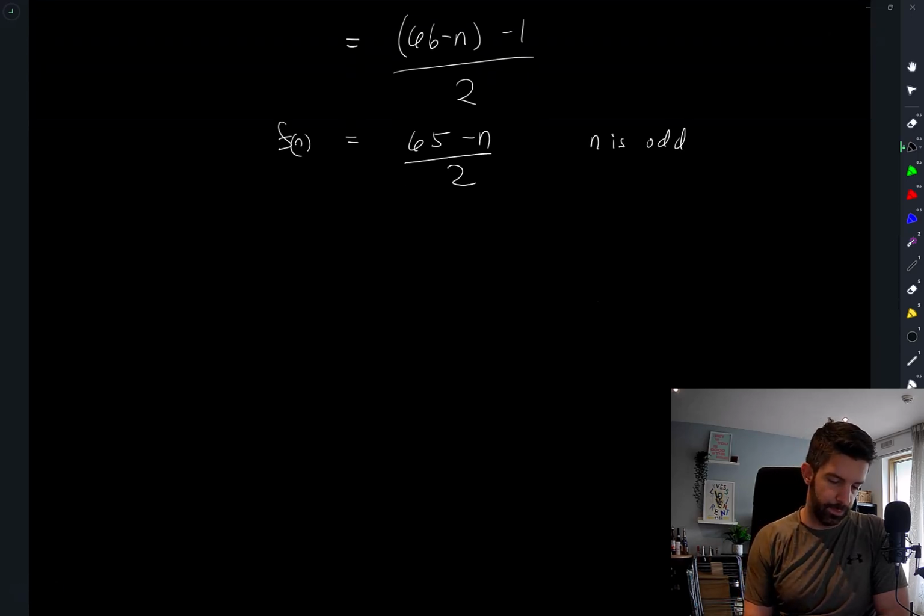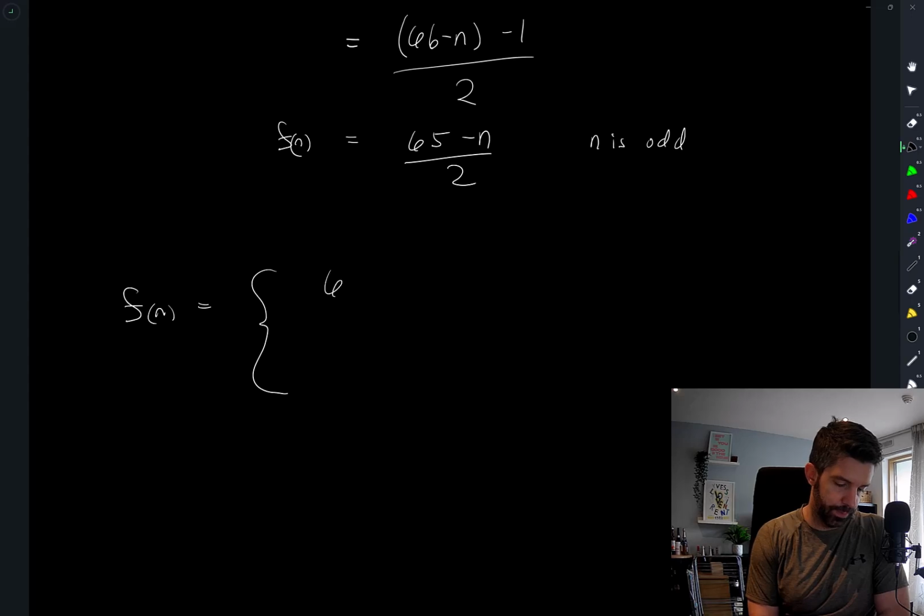Okay, let me write it down in general then. So f of n is equal to 66 minus n over 2, or 65 minus n over 2, n even, and n odd.